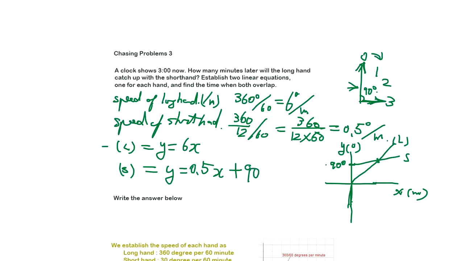Okay, so we solve it. Just solve this for x and y, the substitution method is fine. Then you get x and y. Easy, right? So what you do is identify the speed of both hands and just make the graph and the equation. Then you get it.